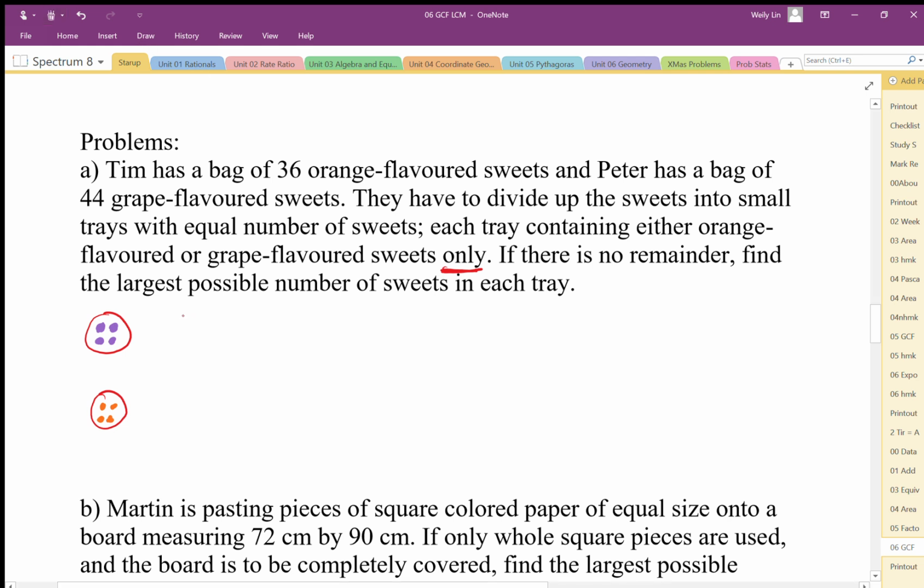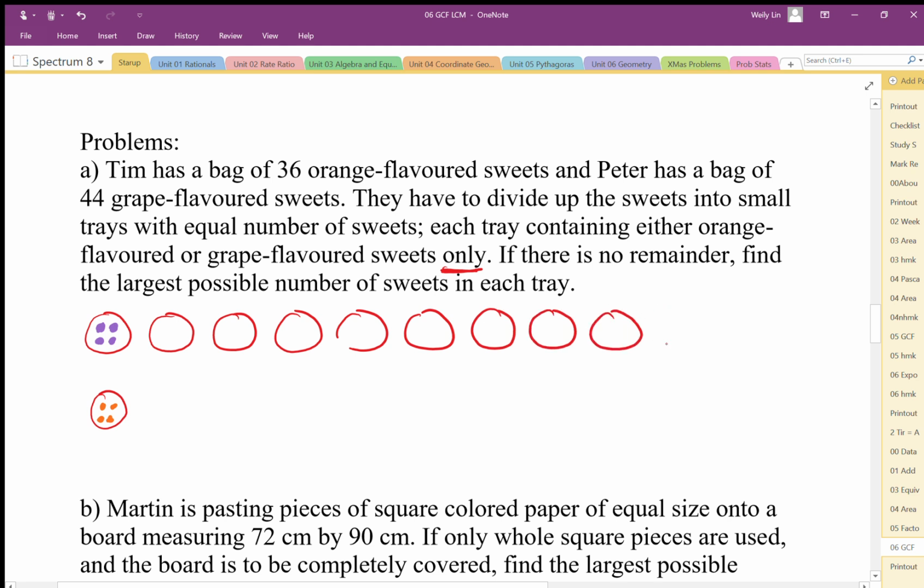So what this would look like then is I would have 11 trays, and I would have 4 grapes in each of those trays. So it would be grape, grape, grape.